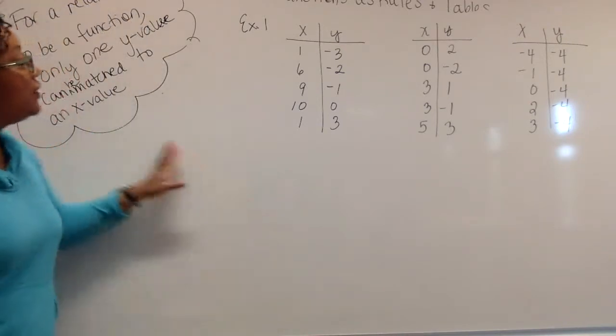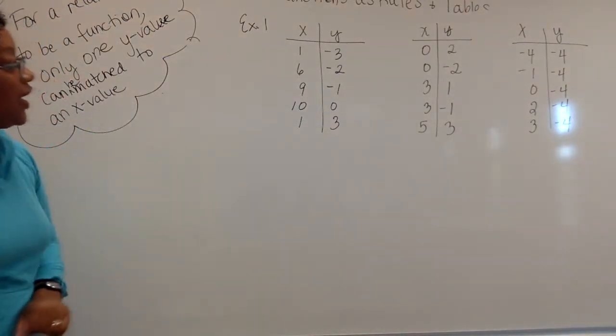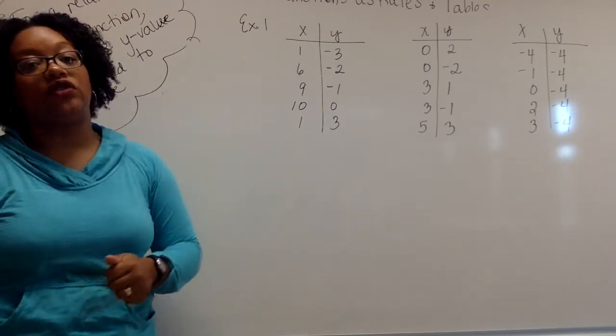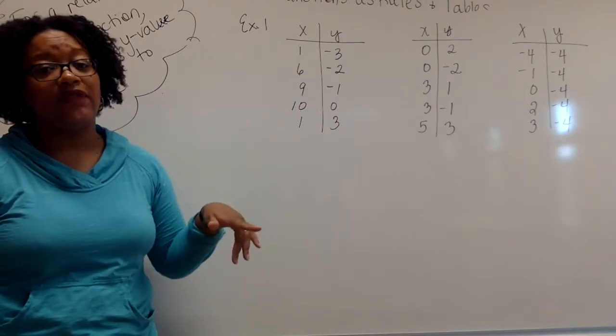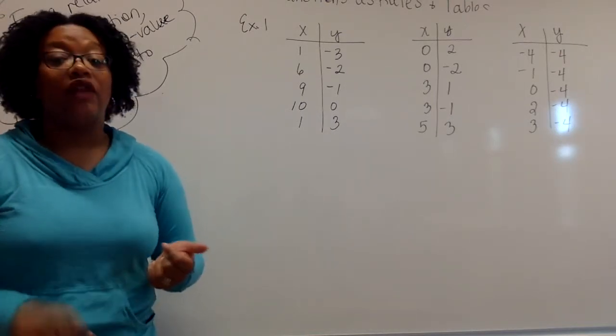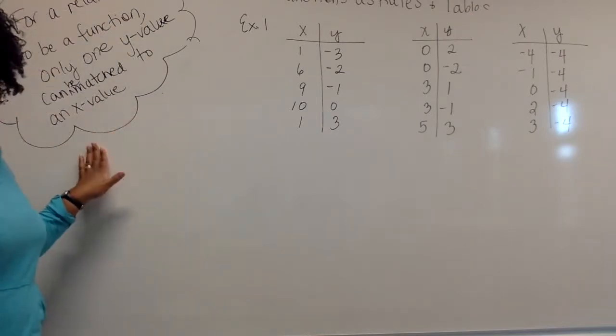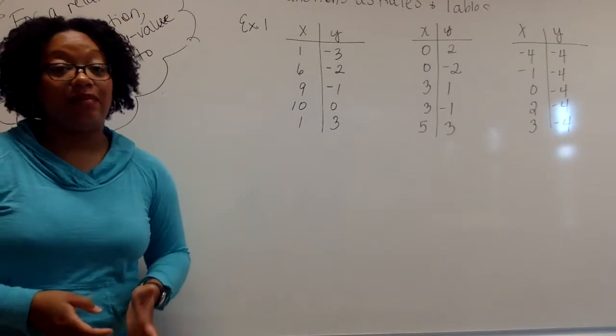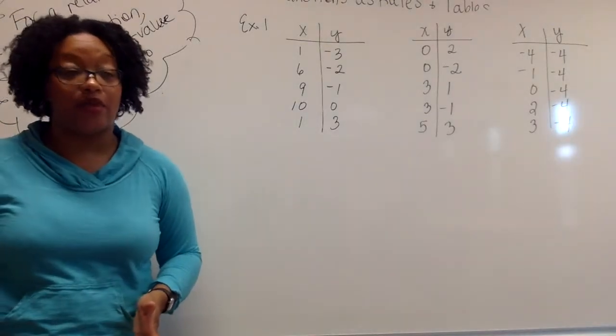So let's look at our first table here, and you want to start with your independent variables. And I just told you in the previous video, your independent variables will always be your x values. So remembering what I said about the x's, if you have the same input, you cannot have two different outputs.